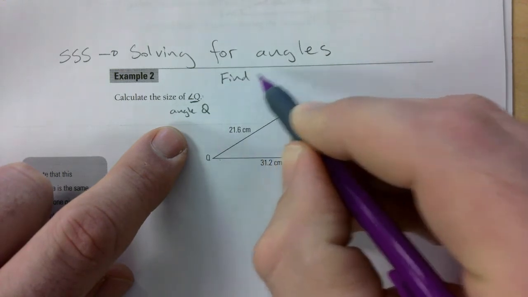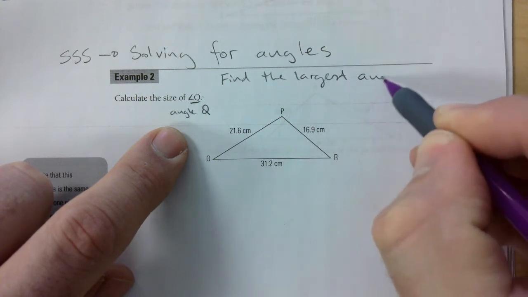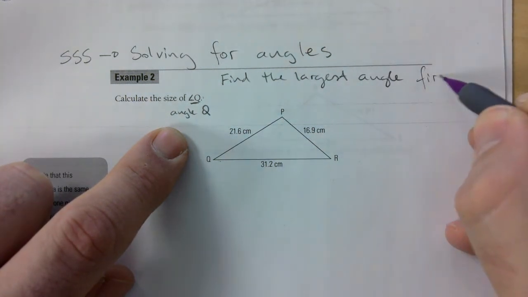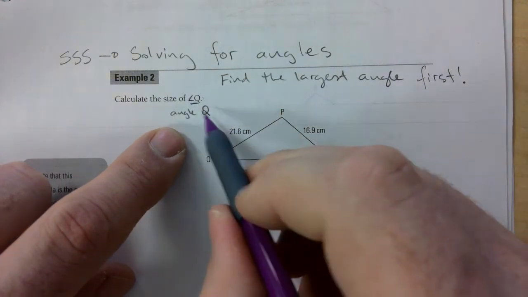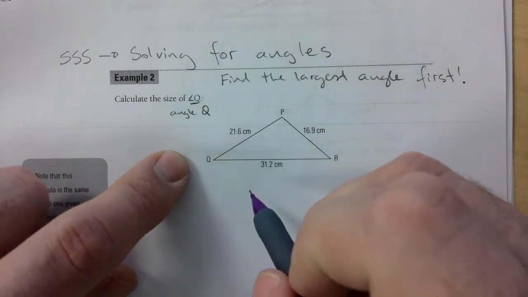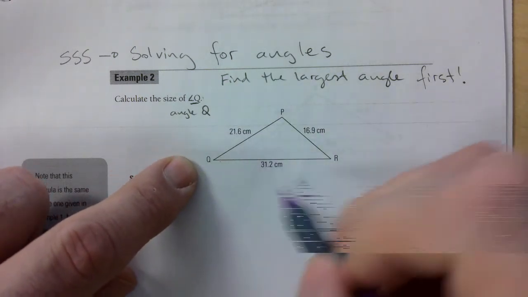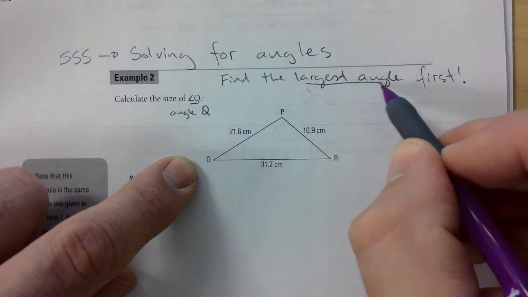Find the largest angle first, okay? If I tell you find angle Q, go for it. But if it just says solve this triangle, you would have to find the largest angle first.